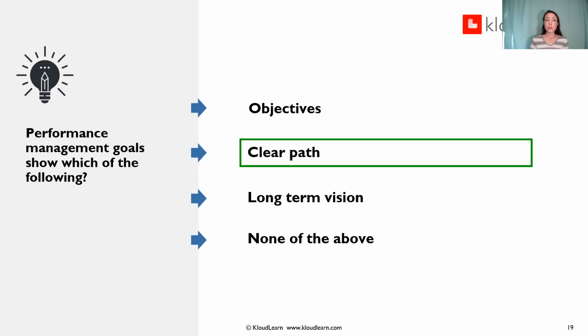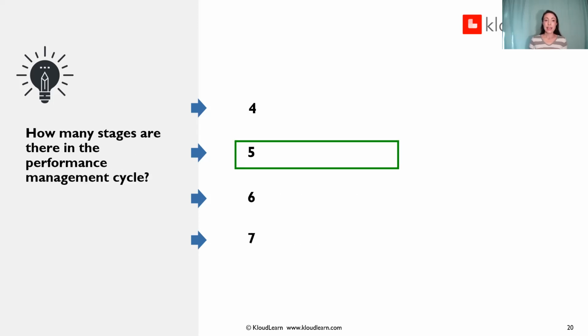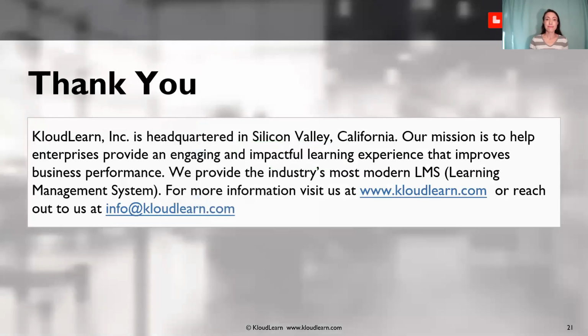Performance management goals show which of the following? Objectives, clear path, long-term vision, or none of the above? The answer is clear path. And how many stages are there in the performance management cycle? 4, 5, 6, or 7? The answer is 5. Thank you.